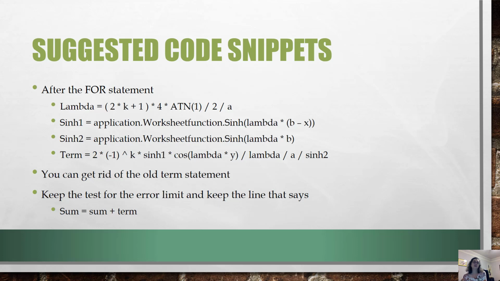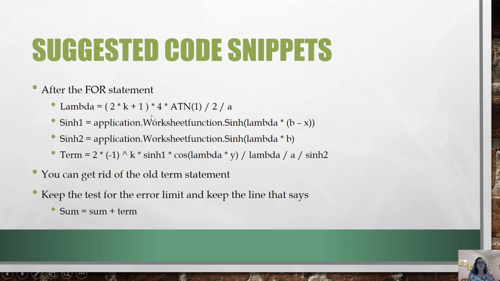These are my suggested code snippets. So after the For statement, if you'll put in something that defines lambda and arctangent, where arctangent of 1 is pi over 4, so this portion here represents pi.